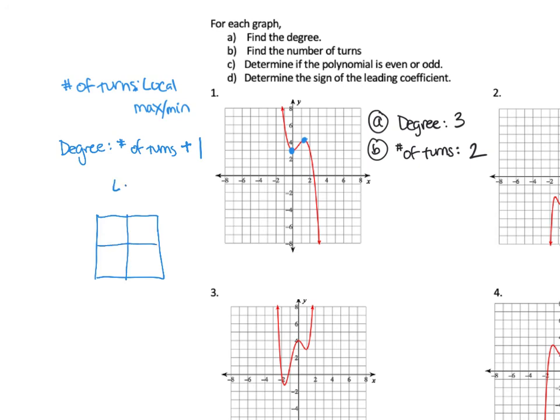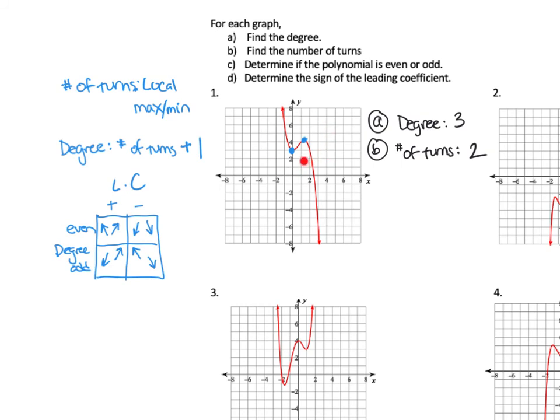Again, we're looking at our leading coefficient, whether it's positive or negative, and then our degree, whether it's even or odd. Positive and even, both going up. Even and negative, both going down. Odd and positive, right is up, left is down. For negative odd, left is up, right is down.